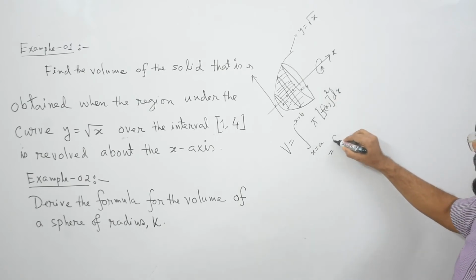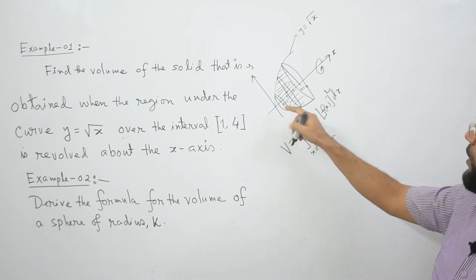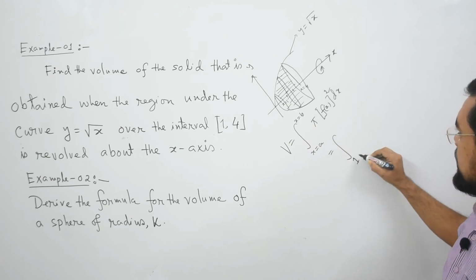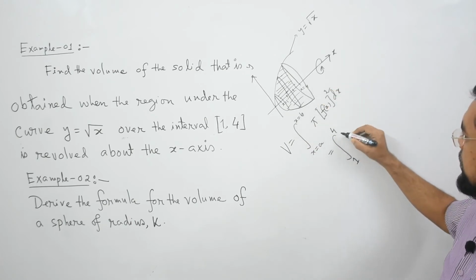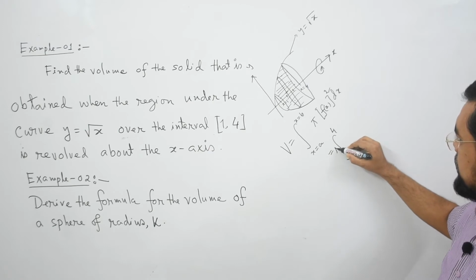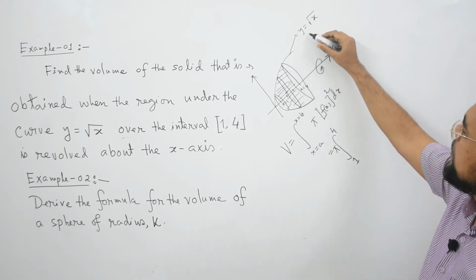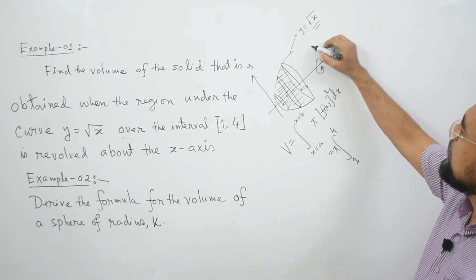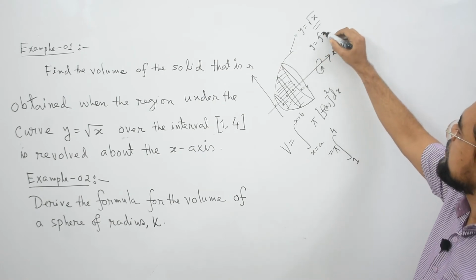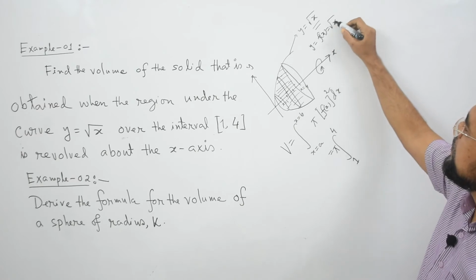So x starts from 1 and ends at 4. Pi you can take out of integration, and f(x) is nothing but root x, because y equal to f(x) is equal to root x.